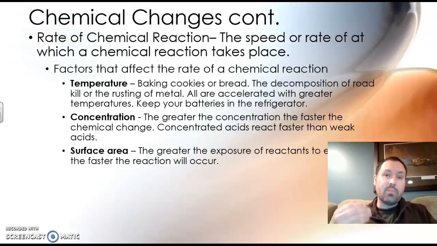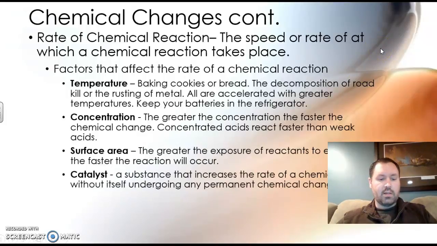But if you crunch up that Jolly Rancher or a mint or whatever, once you crunch it up, it has more surface area and it can dissolve faster. Same thing with chemicals. They can go through a chemical reaction faster when they're crunched up and they have more surface area. That's why we don't add blocks of baking soda to cookies. We add powdered baking soda to cookies to increase the surface area.